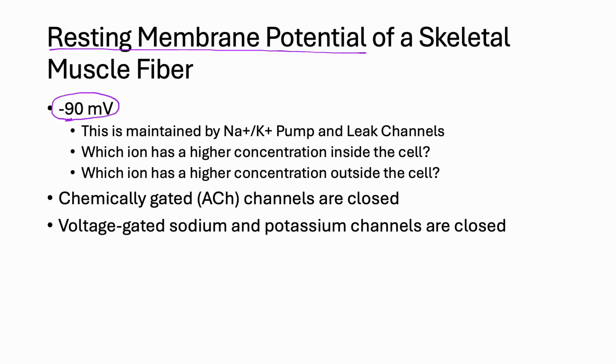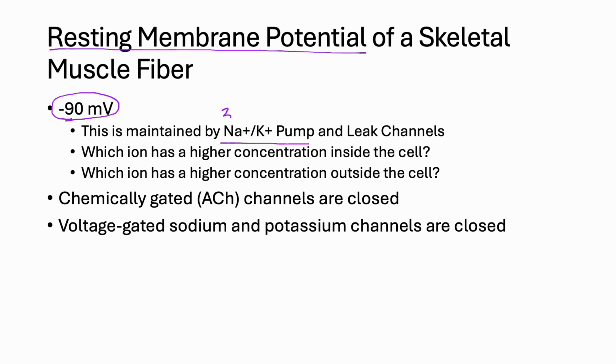It's negative 90 millivolts. That means it's more negative on the inside by 90 millivolts. So just like with a neuron, how is this resting membrane potential established? Well, it involves the sodium-potassium pump, right?